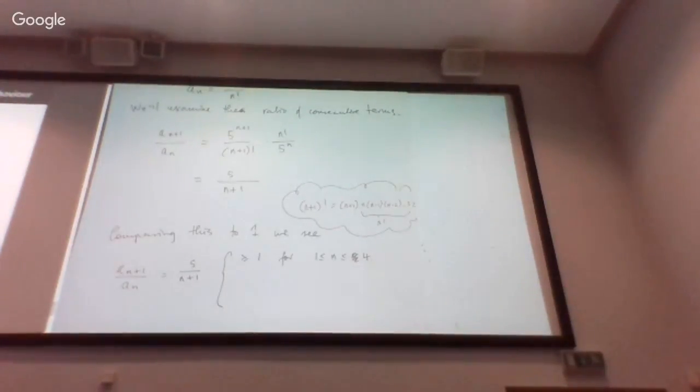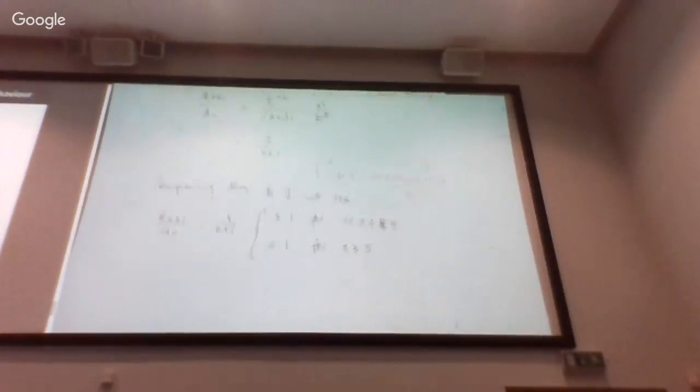When n gets to the value 4, you've got 5 over 5, which is 1. But thereafter, it's going to be strictly less than 1 for every n bigger than or equal to 5. Once n gets beyond 5, it's always less.